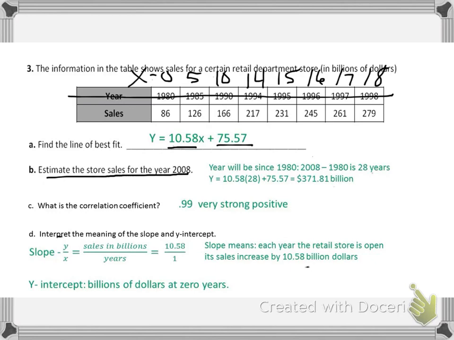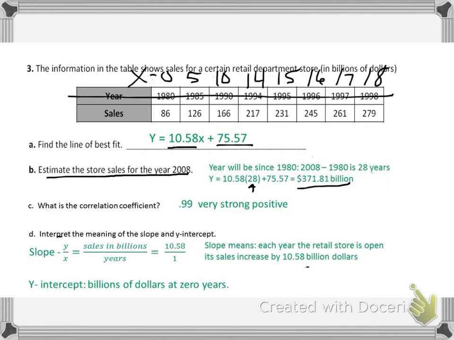So I'm going to take 2008 and subtract 1980, which was the first year, and that's 28 years after 1980. Remember, plugging it in for x, since years is x, I get $371.81 billion. So 28 years later, they should have $371.81 billion.